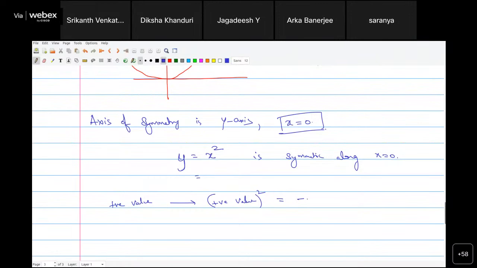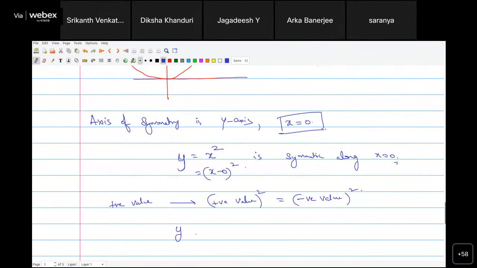For y equals x square, 5 square as well as minus 5 square are equal. Similarly 10 square and minus 10 square. So these values will be equal. So this is symmetric along x equals 0, and you treat it like x minus 0 whole square.